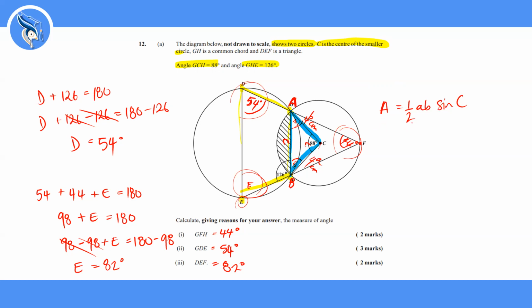I don't really remember it right now, but they always come at the front of your CXC papers. On that formula sheet, you'll see area of a triangle, and they give you like 50 equations for the area of a triangle, right? And they're kind enough to tell you which one is for which. So right angle triangle, half base times height. I think that's the first one. You have Heron's formula. You have this half AB sine C. So you're going to put this into your calculators.